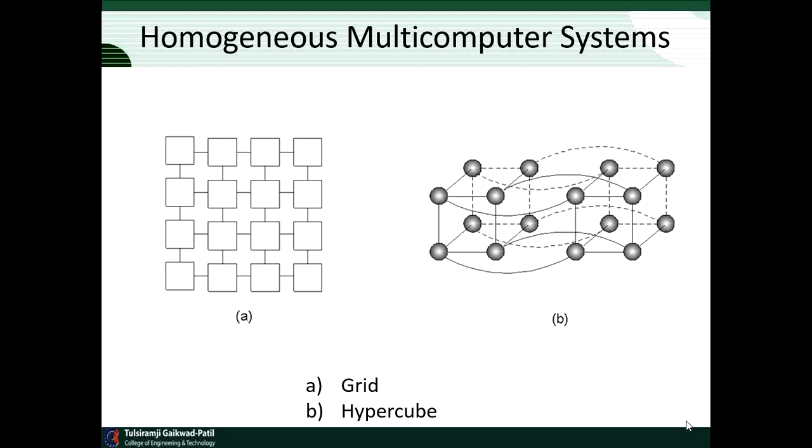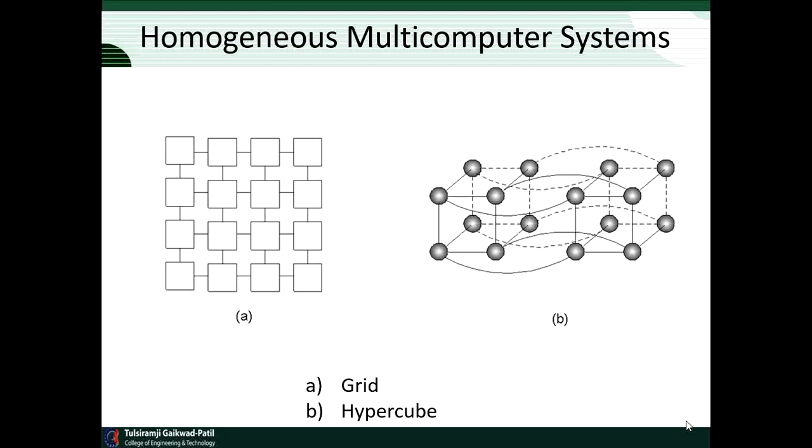Then in the next diagram the hypercubes are there. That means at the edge of each cube there is a point, and we can say it is a memory, and that memory is shared accordingly by using that hypercube.